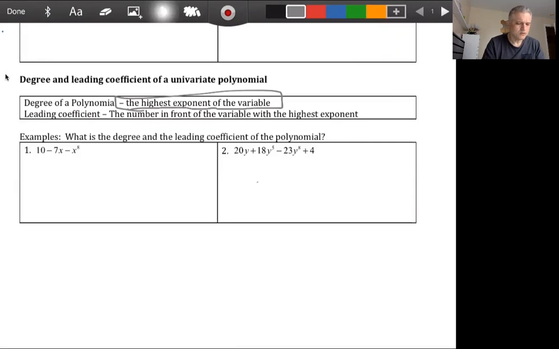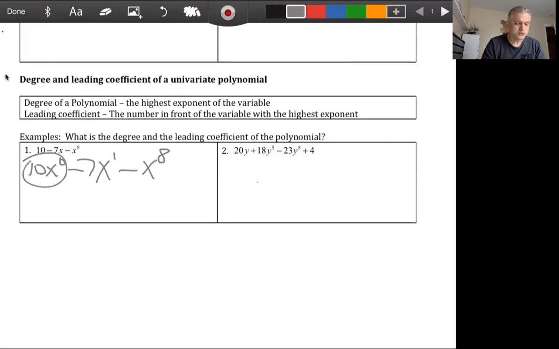So if you look here, 10 doesn't have the variable written behind it. So that's like saying 10x to the 0. 7x doesn't have an exponent written, but there is a variable there. So there's the invisible 1. So that term has x to the 1st. That's a 1st degree term. And then we have x to the 8th, which is an 8th degree term.